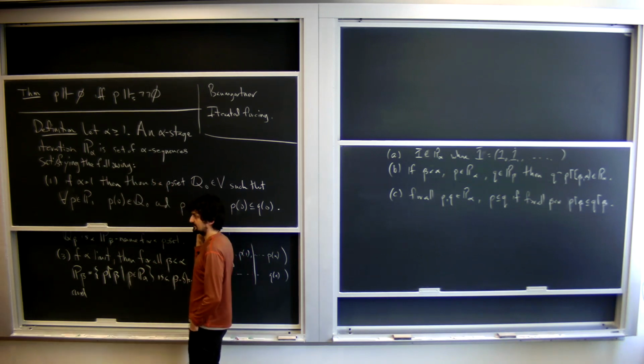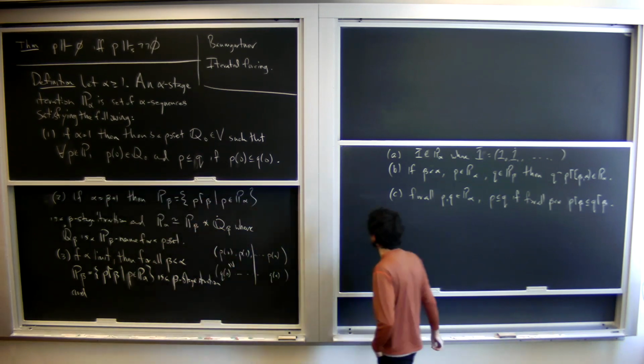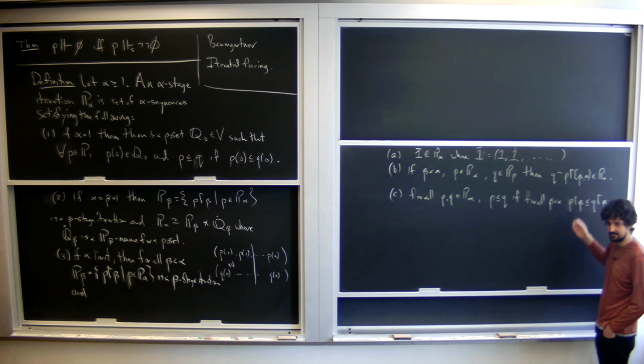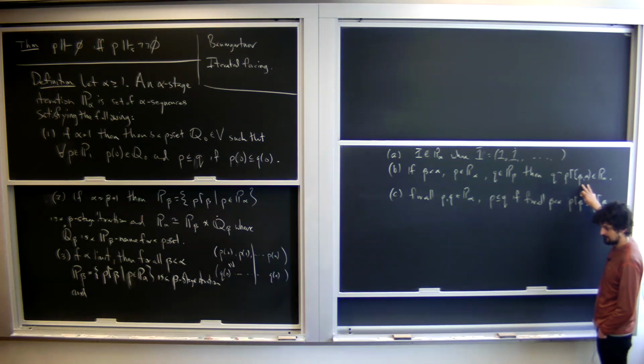And this demand over here is just a demand that your set of alpha sequences is full under this kind of editing procedure. But to your point, these are natural elements of an iteration. When you edit in this way, you do end up with something that's appropriate.